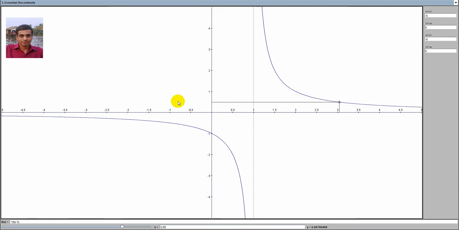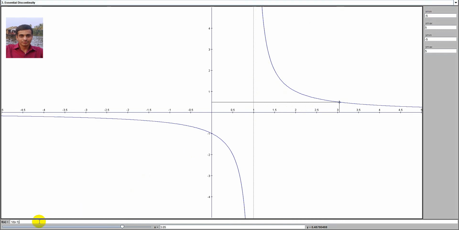I repeat, this is the graph of the function 1 upon x minus 1. As you can see, the graph gets split in two branches at point 1 and hence it is a discontinuous function. This is an example of essential discontinuity.